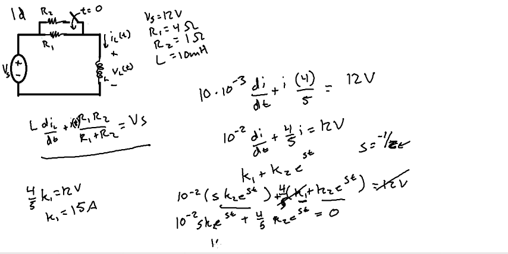Okay, so we've got 10 to the negative 2 s K2 plus 4/5 K2 equals 0.